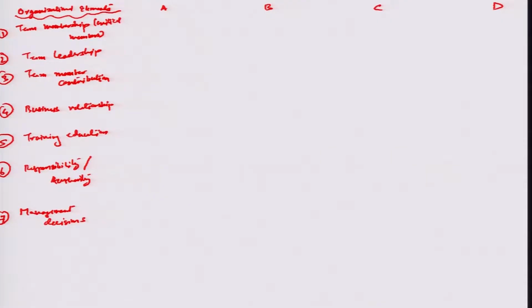So, here for example, in the first category, let us take an organization where members have only task perspectives. Each member of the team has been given a well defined task, and they just carry out whatever has been given to them, and do not look beyond that particular task.